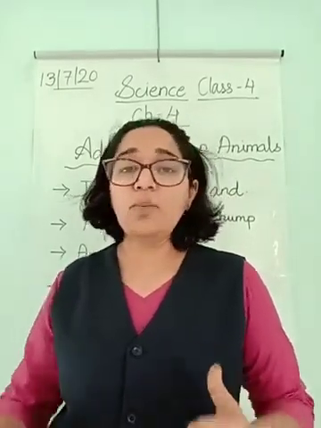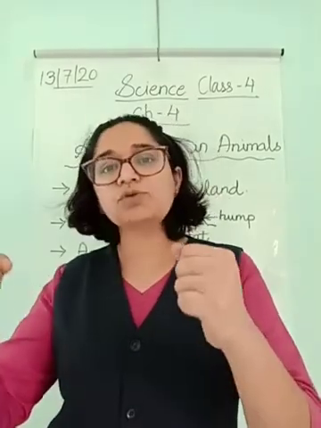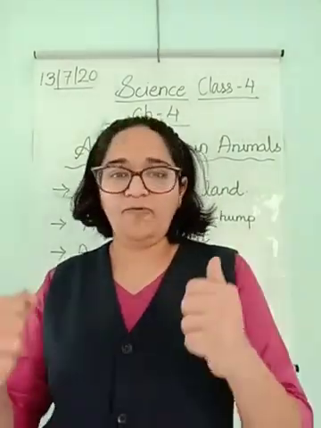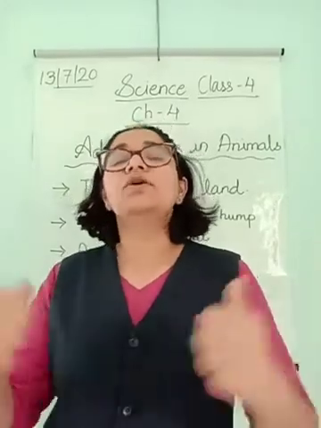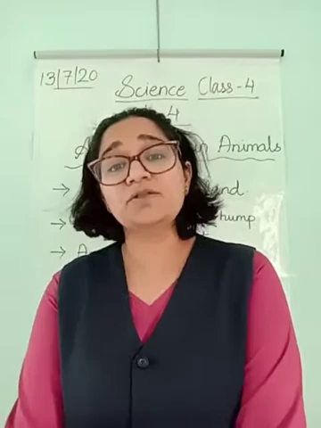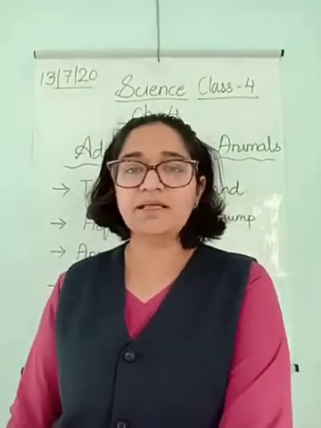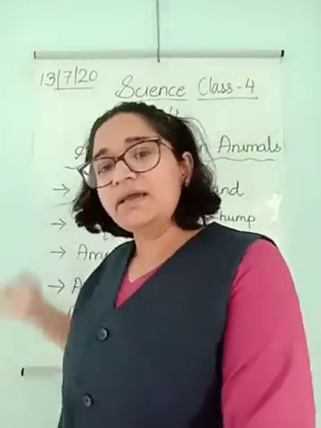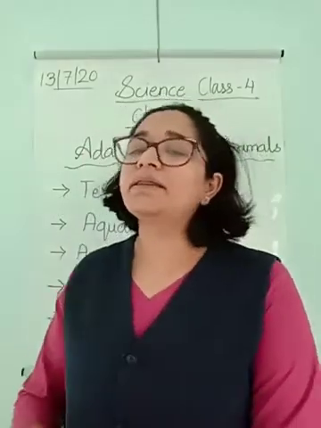Okay, when we go boating में we use those flippers, those paddles. Okay, so these paddles are the same as the flippers of these animals, जिससे वो पानी को पीछे ढकेलते हैं और आगे तैरते हैं.